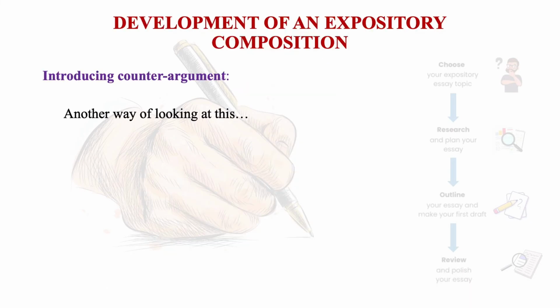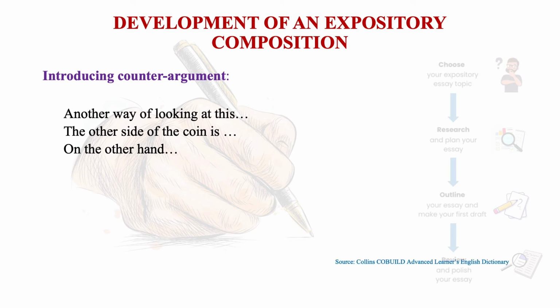There are expressions which are used to introduce them, such as another way of looking at this is this, the other side of the coin is this, on the other hand, and then you can give your own view about that. So it's not essential that you agree with whatever is written somewhere. You can give your own counter argument also, with the help of these expressions.